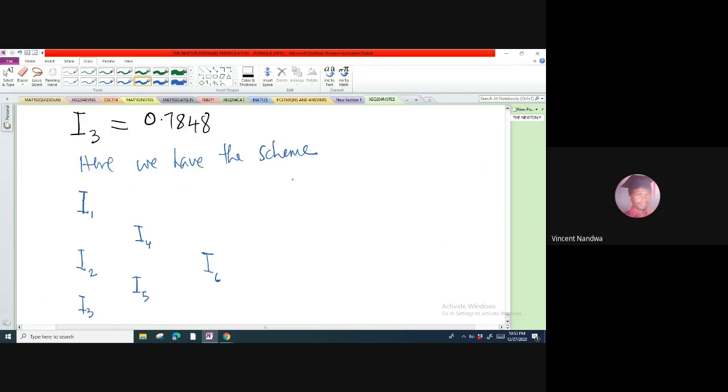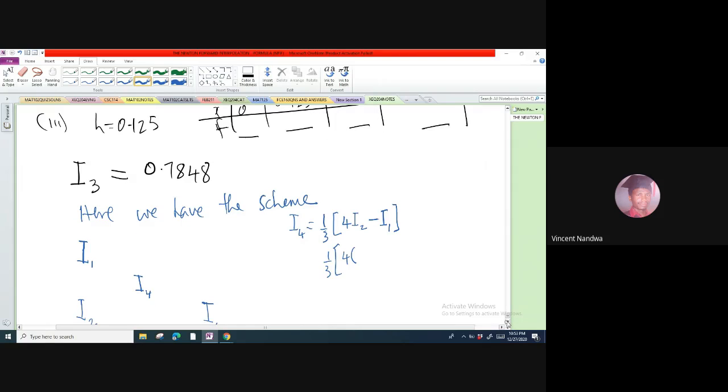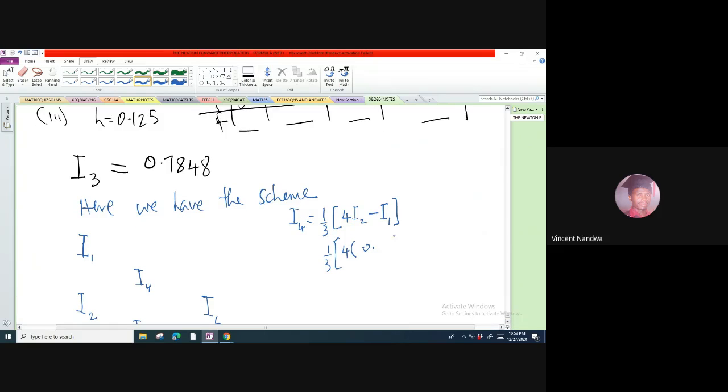So then I4 from this scheme will be given by a third into 4 I2 minus I1, which will be a third into 4 times I2, which is 0.7828, minus I1, which is 0.775.